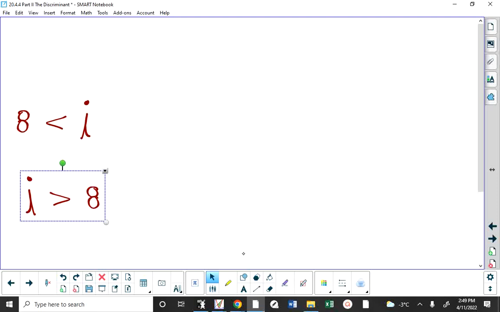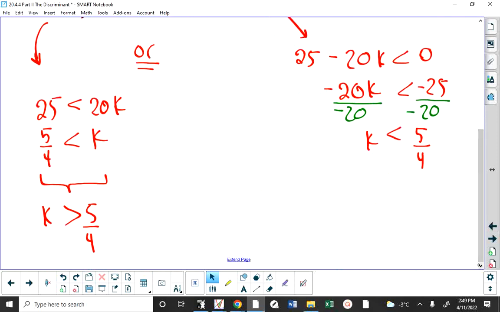Do you agree that says I is greater than 8? So if 8 is less than I, I is greater than 8. So the answer to this question is right here.